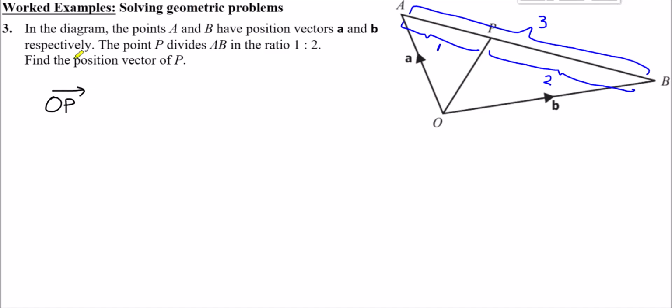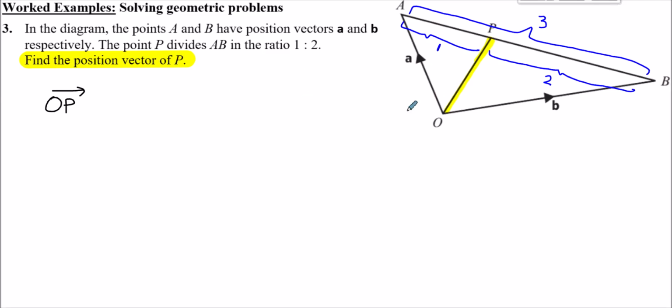So let's think about this. We want to find a representation of this line here. So we could go whichever route we fancy. So we don't know any known vector along this route. So like the idea of roadworks, we need to use roads that are already given, that already exist, vectors we already know.